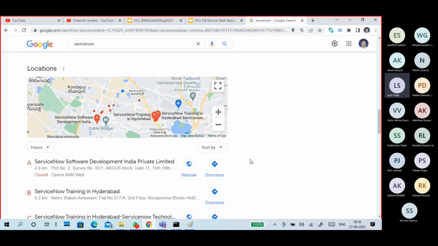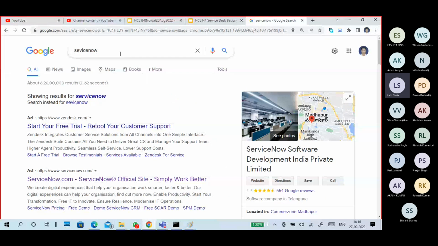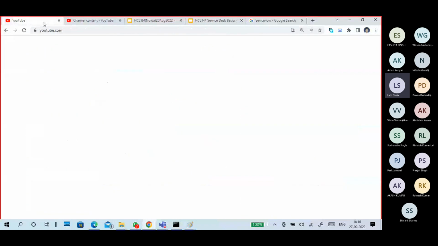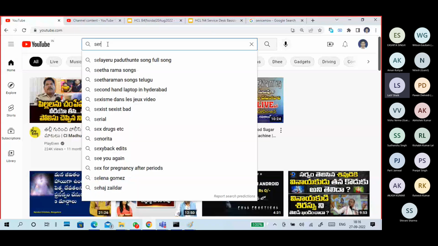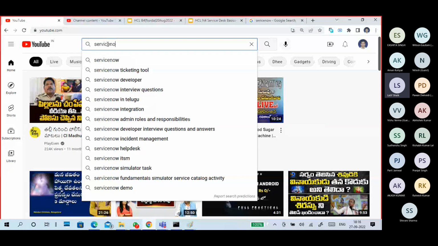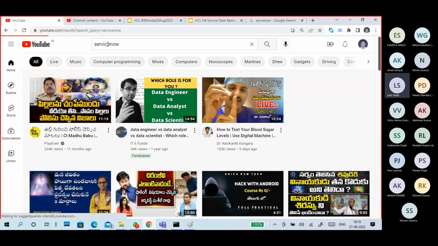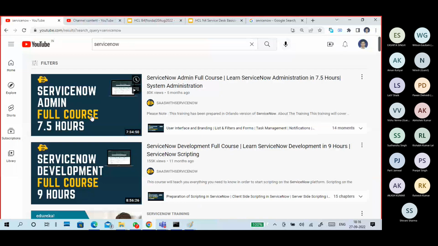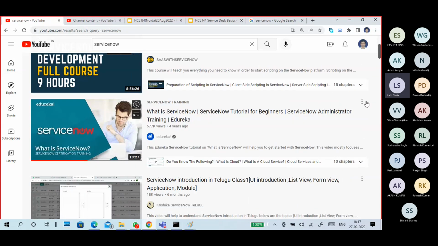Guys, next one. Anyway, remember ServiceNow. Search in Google or YouTube about ServiceNow. You will find a lot of videos about ServiceNow ticketing tools, in different languages, English, Telugu, Hindi, multiple languages. See their ratings; Edureka is also providing certain videos.